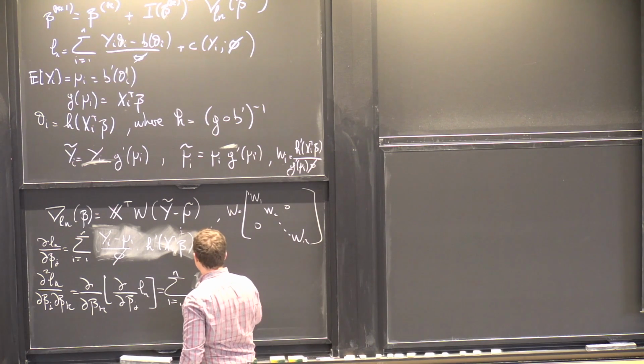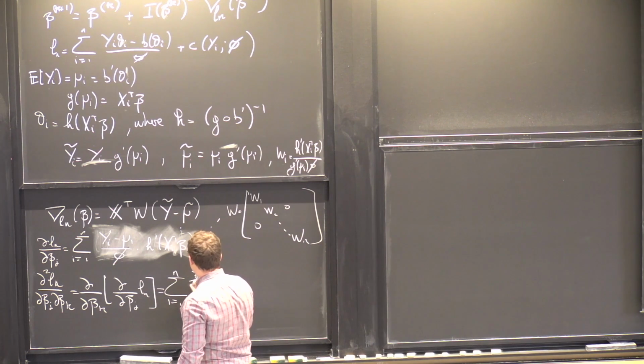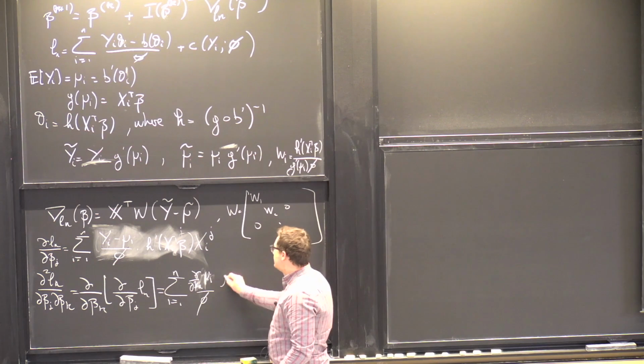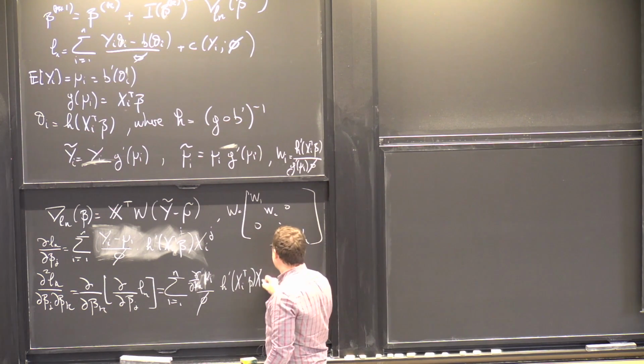So it's just going to be 1 over psi. Then the derivative of mu i with respect to beta k, which I will just write like this, times h prime of xi transpose beta xij.